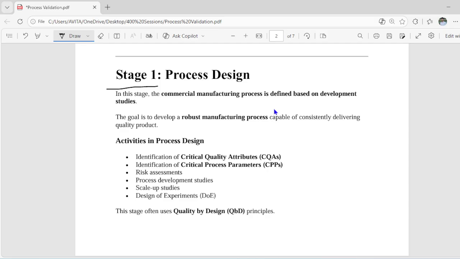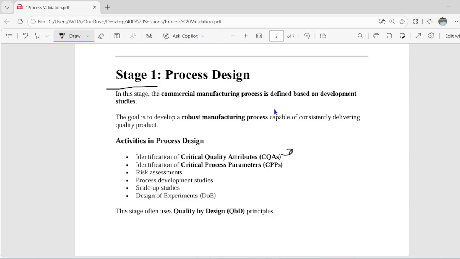The activities in process design are the identification of CQAs, the critical quality attributes. In one of the sessions, we have seen what CQAs are. CQAs are nothing but the quality attributes which have a major impact on the quality. That's why they are called critical quality attributes.